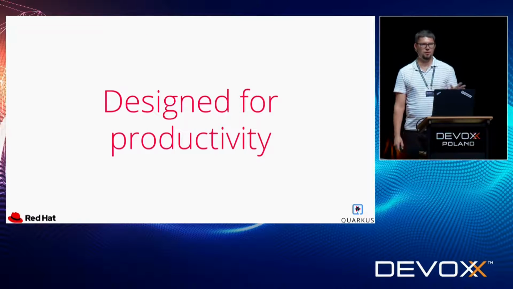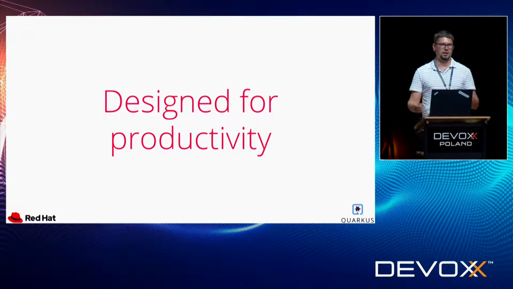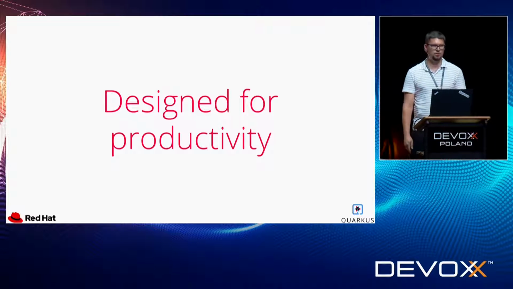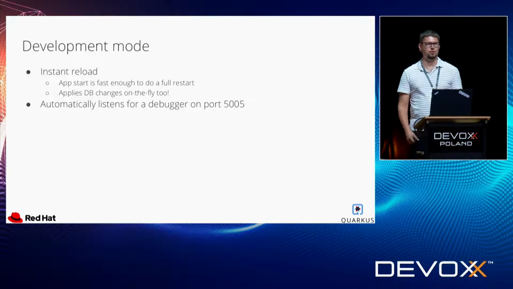So this was some overview of the capabilities, but Quarkus is not only about using some nice API and providing good numbers. It's also a huge step forward in productivity. The biggest thing in this area is the development mode. With it, you get instant reload. So you have to run your application with some special Maven or Gradle plugin.